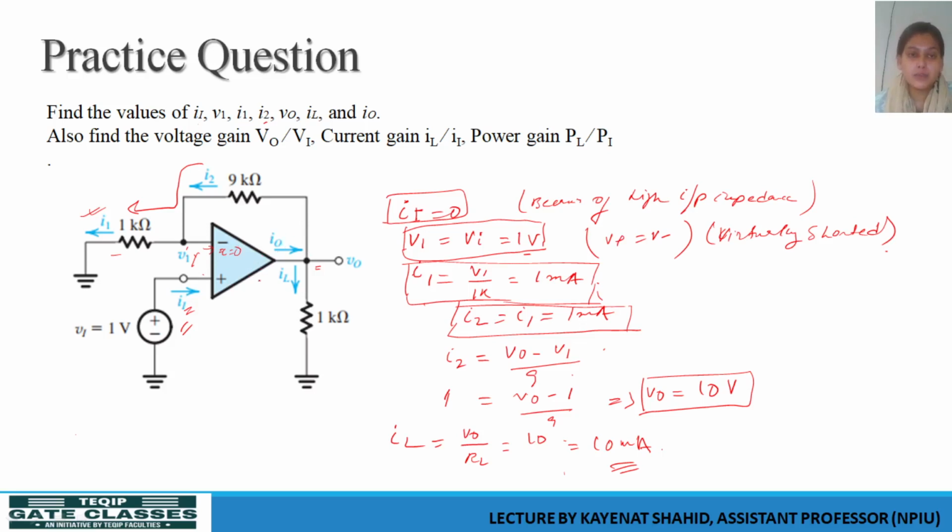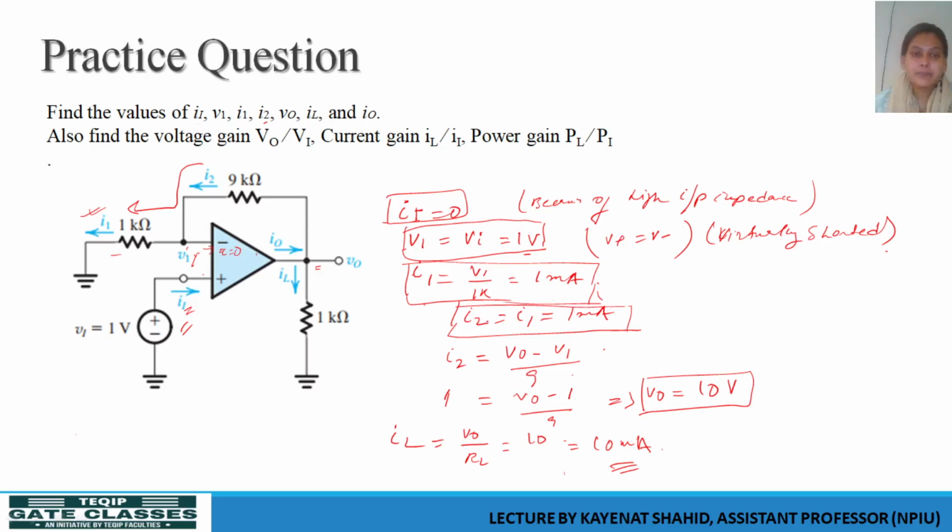There will be no voltage drop across this terminal, so the loading effect will be very small, and hence there will be only a very small reduction in the output voltage gain in a practical operational amplifier.